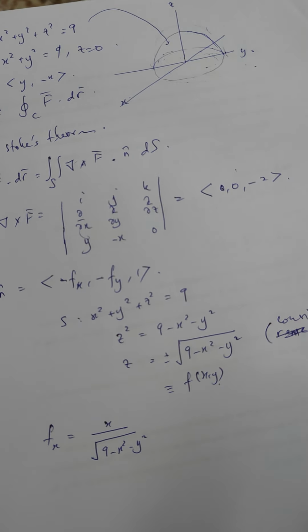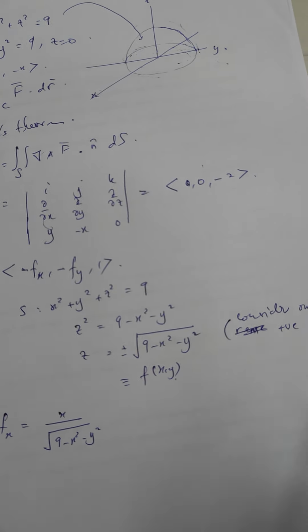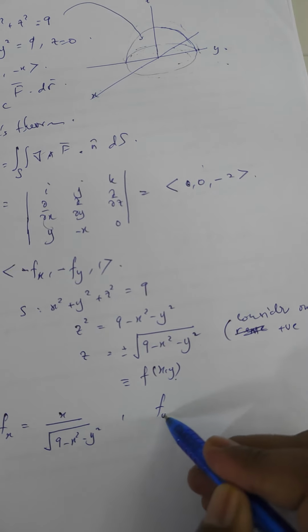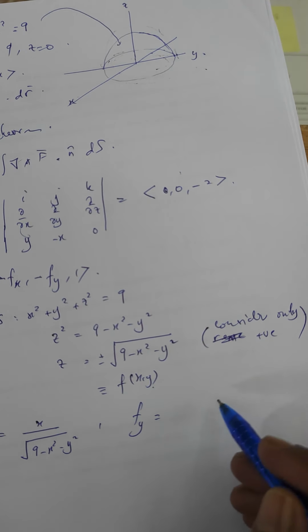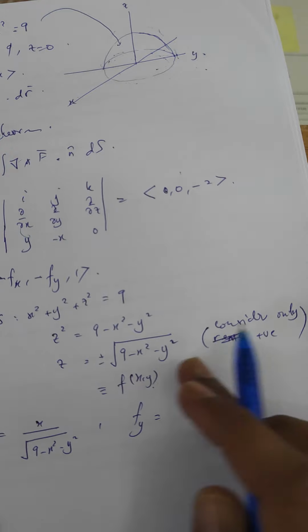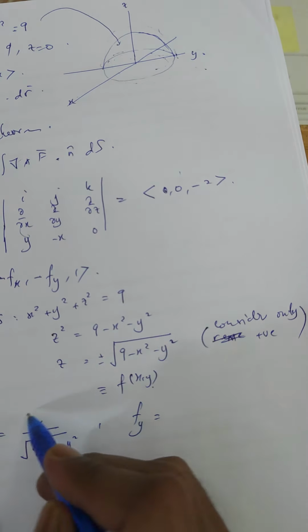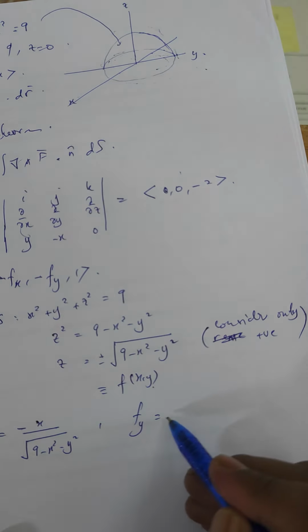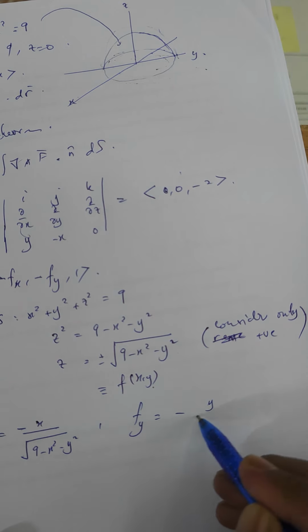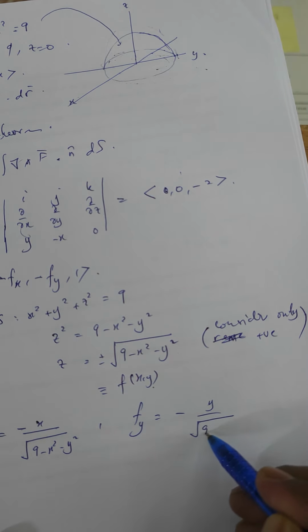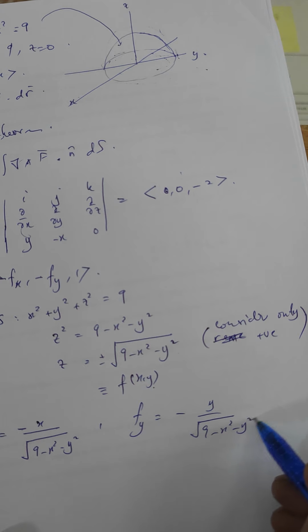I think so. And then you can find fy, which should have a negative here, right? Fy is negative y over square root of 9 minus x squared minus y squared.